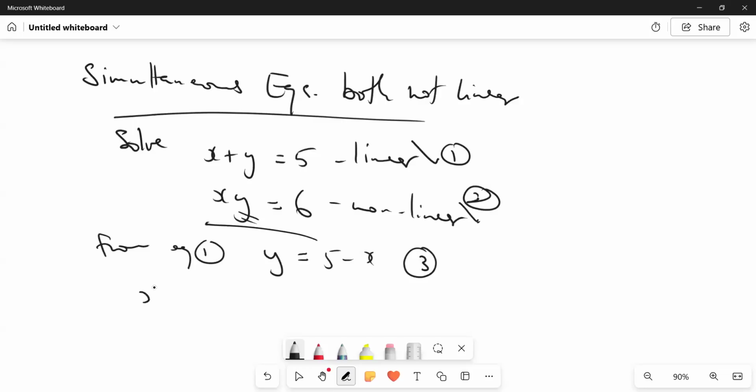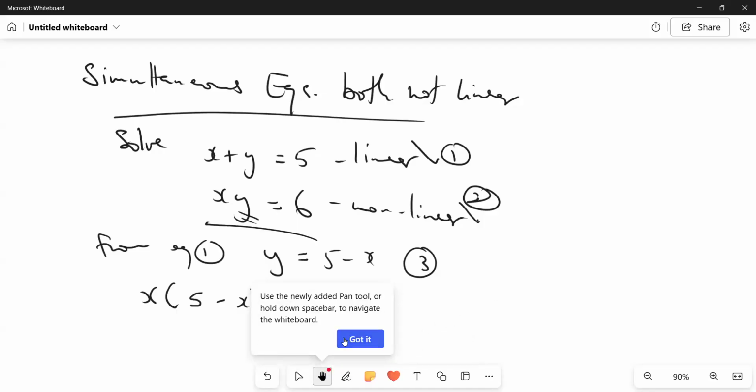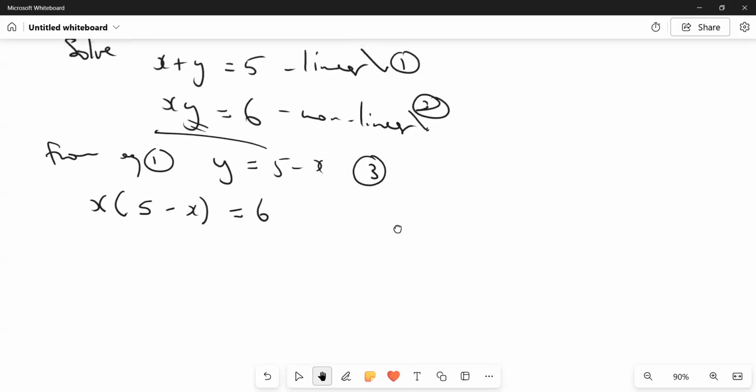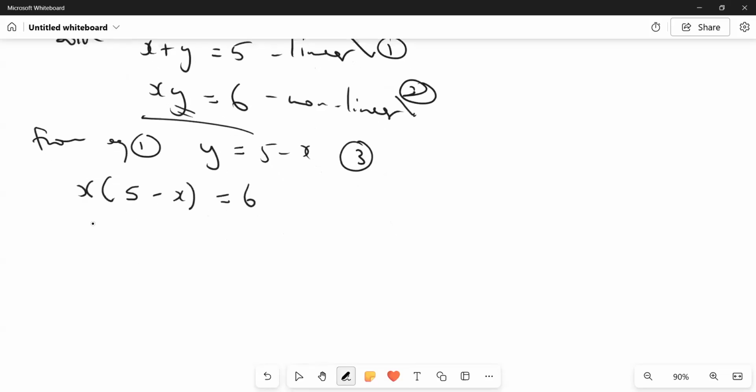So we end up with x times (5 minus x) equal to 6. Let's see what happens to that now. You end up with 5x minus x squared equal to 6.